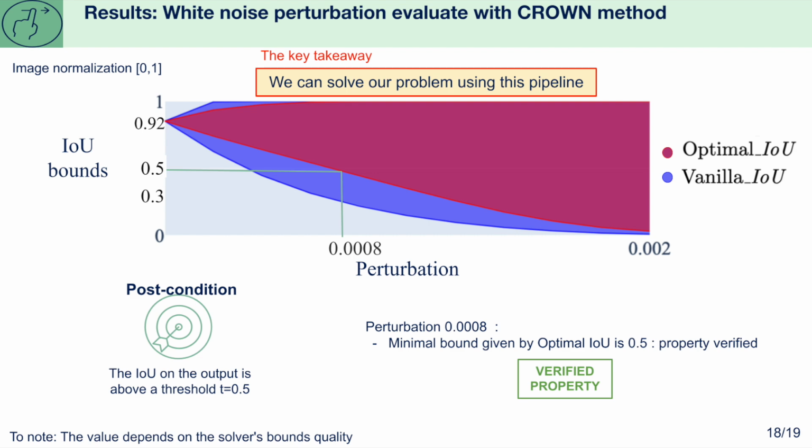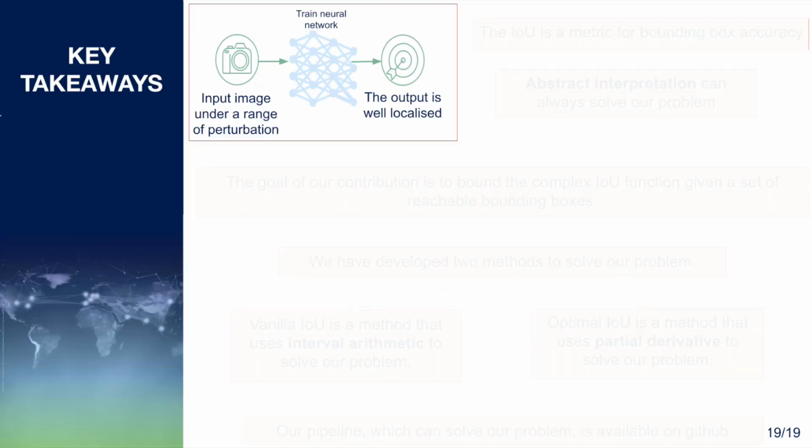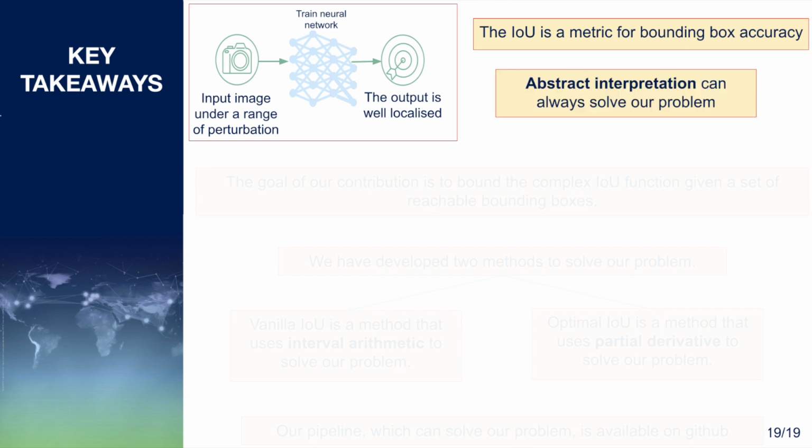So let's summarize what we have learned today. The goal was to take an image, apply a range of perturbations, and ensure that the output is well localized. We have learned today that the IoU is a metric for bounding box accuracy, and that abstract interpretation can solve our problem.